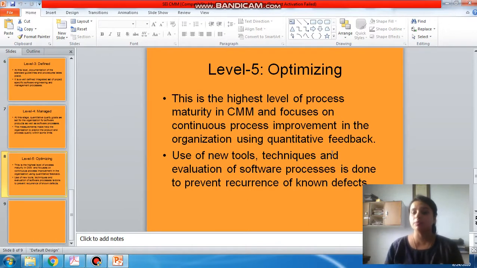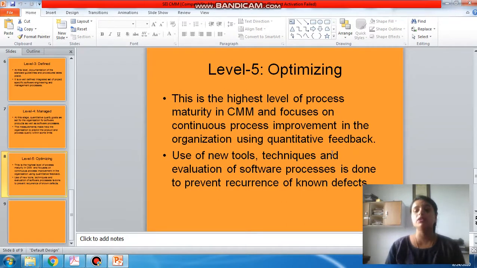For example, if it is taking 2 months to develop a product, can we reduce it by a week, likewise. In the optimizing phase we are optimizing the things, that could be tools, techniques, or the process, everything.